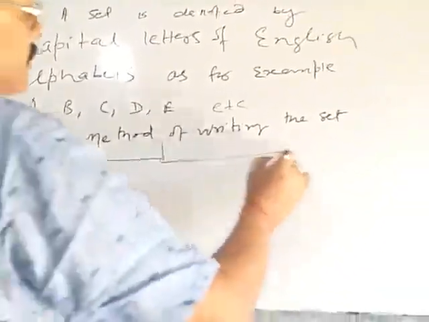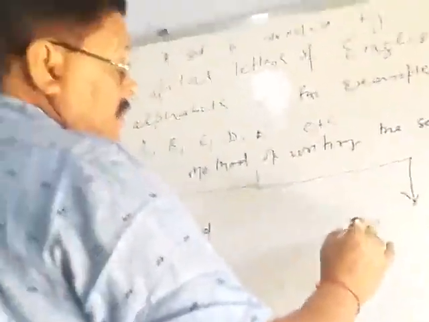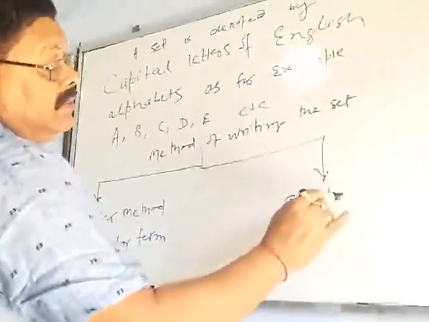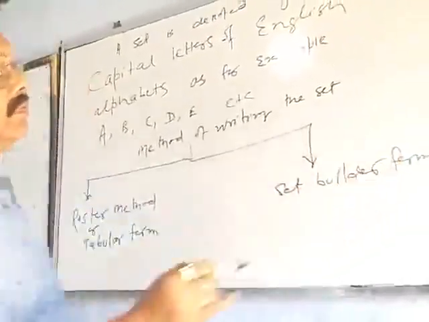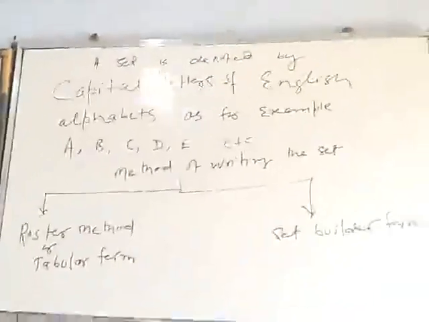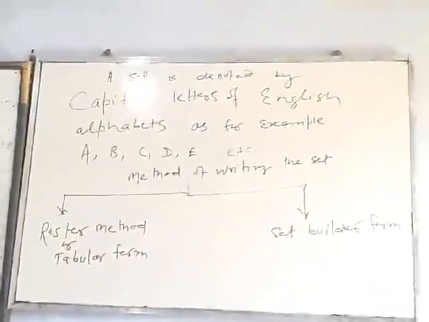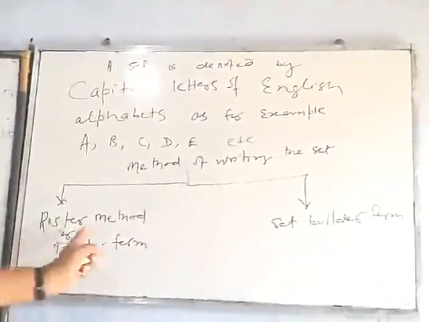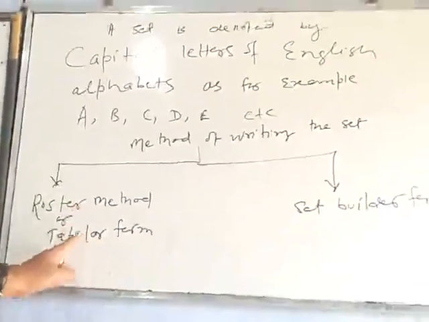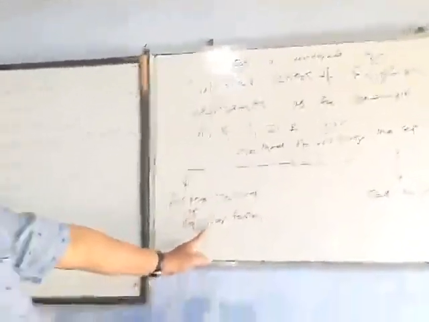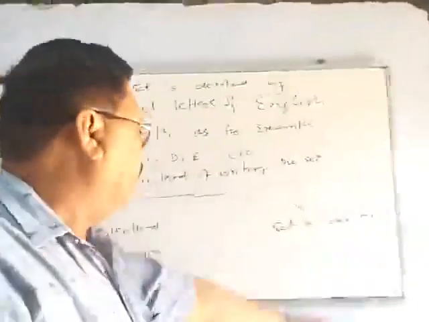Second is the set builder form. There are two popular methods of writing a set. First is the roster method or tabular method. Both are the same, the names are different. Here is the set builder form.